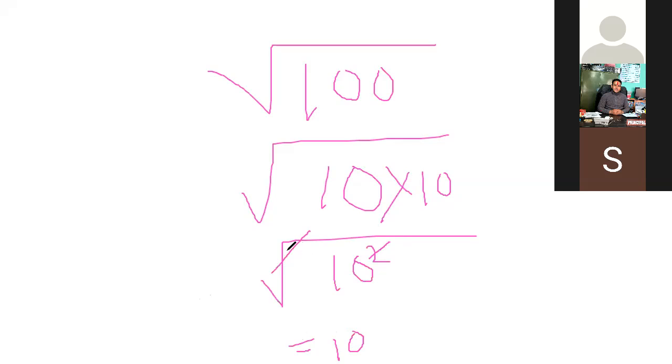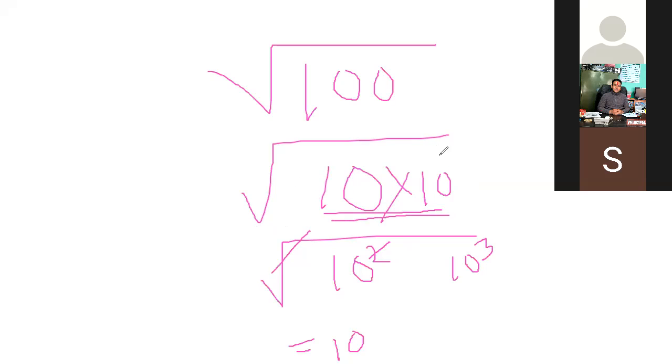Yes. So if there is 10 cube, then what will you do? Can we remove this square root sign? No. That's good. Now look, as you said, when there is a pair, we discussed about pair, yes?